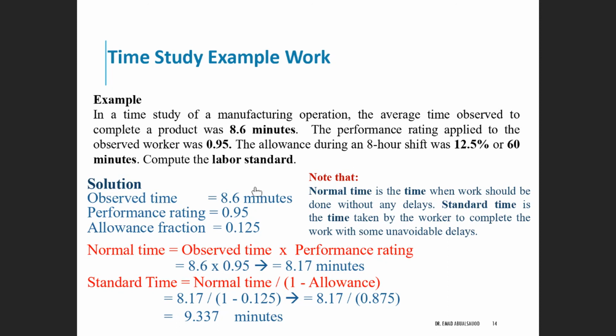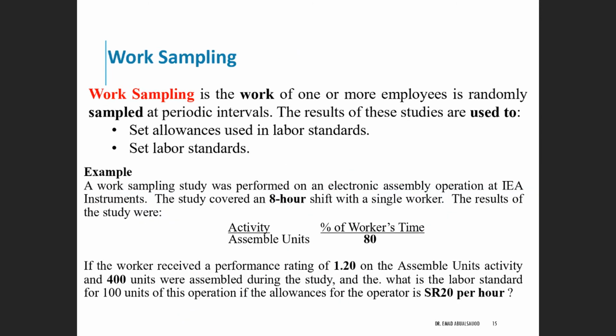The observed time, either you have it already found or you have to find the average by dividing the total over the number of units. Standard time is based on the previous step, which is the normal time, and the allowance is a percentage that is usually given to you to find the standard time considering these delays.